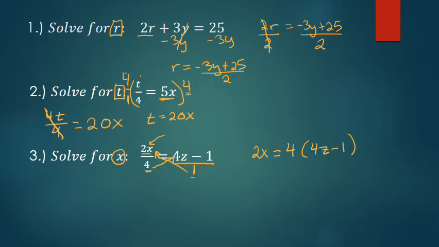Now I need to go ahead and distribute. So I get 2x equals 16z minus 4.